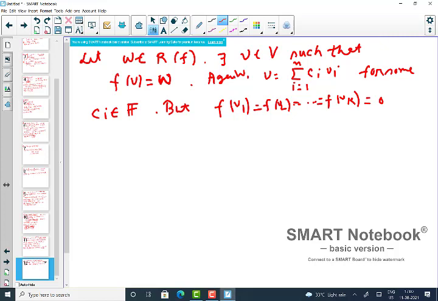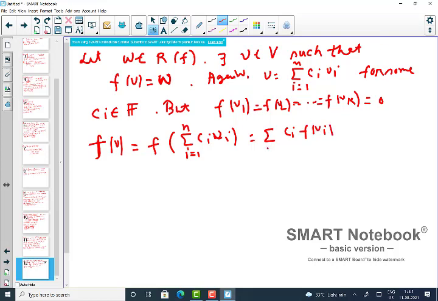When you write this in terms of f of v, using the property we just proved of linear maps, because this is a linear map, we know that f of v is f of the summation ci vi, i equal to 1 to n. That gives you the summation ci f of vi, i equal to 1 to n. But you know that for i equal to 1 to k, this is 0.